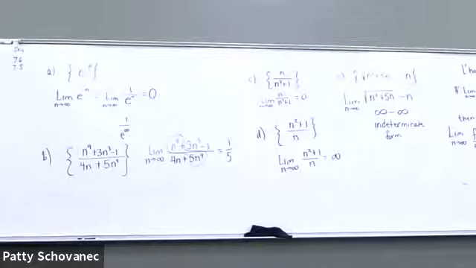If this limit exists and is finite, then that's the limit of this thing. If this limit doesn't exist or is infinite, then that's the limit of this thing. So the behavior of the ratio of the derivatives gives you the same thing as the limit of the functions themselves.